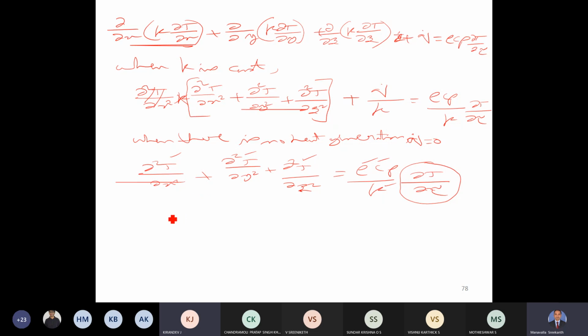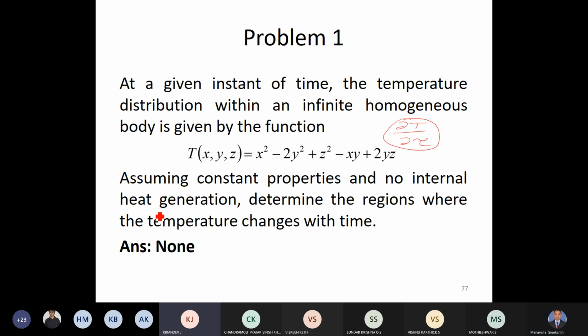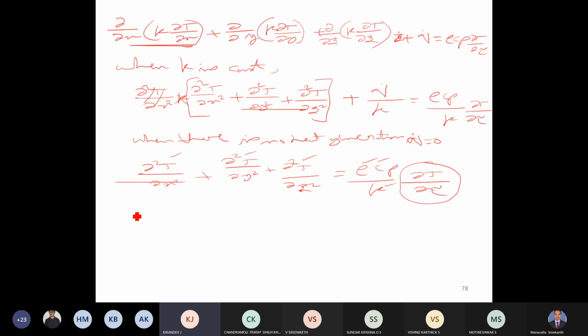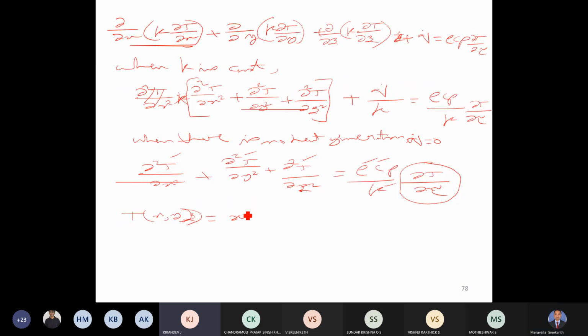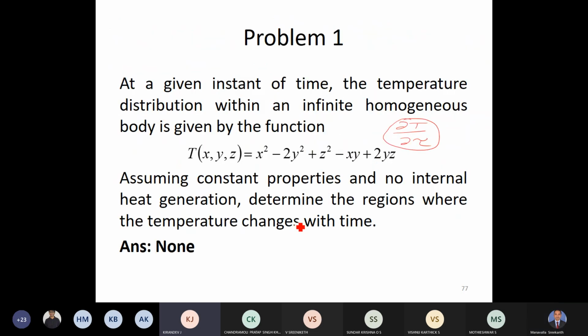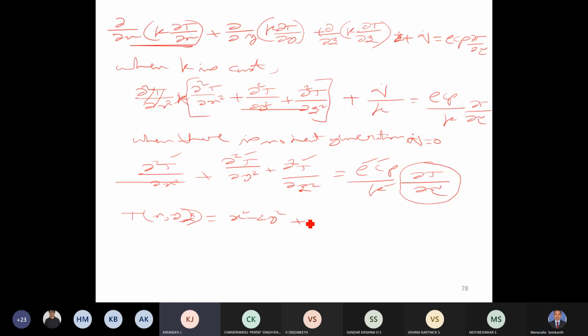So the temperature given to us, as a function of the three dimensions, is given as minus 2yz minus xy.